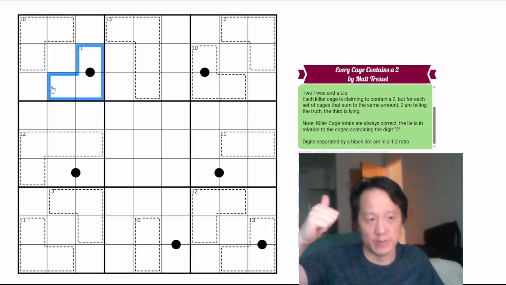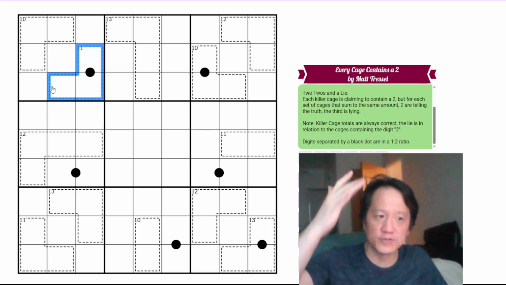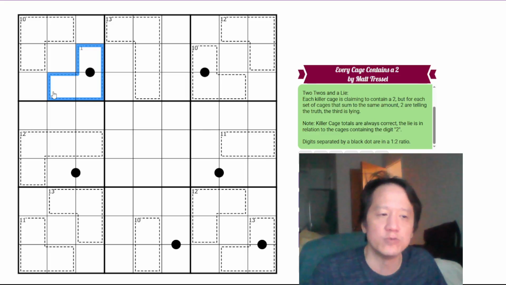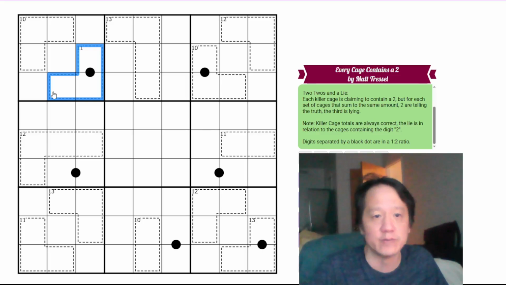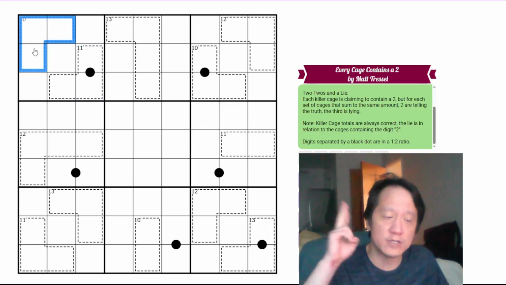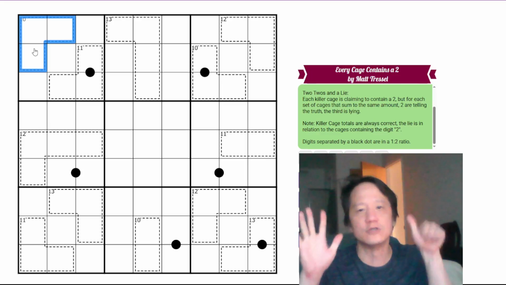Because that's the minimum. 1 plus 2 plus 3 plus 4 plus 5 plus 6 adds up to 21. If you have 6 digits adding up to 21, it must be exactly the minimum. It's similar, though, for 6 digits adding up to 22, right?